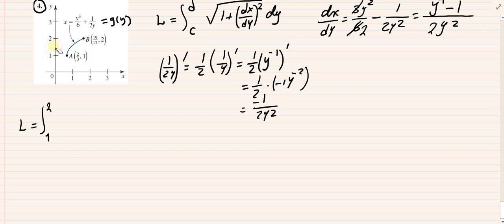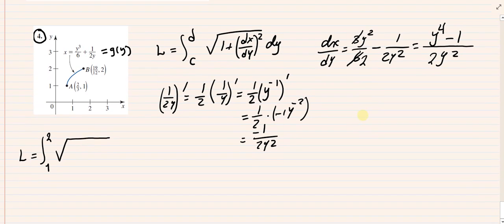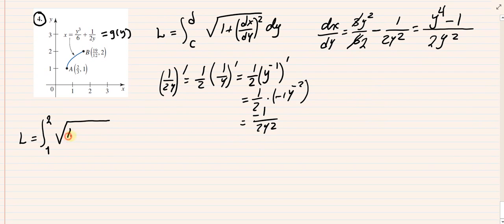So that's going to be from 1 to 2, and then the square root of the entire expression, which is 1 plus (dx/dy) squared. I can actually do that over here. Let me do 1 plus (dx/dy) squared here.